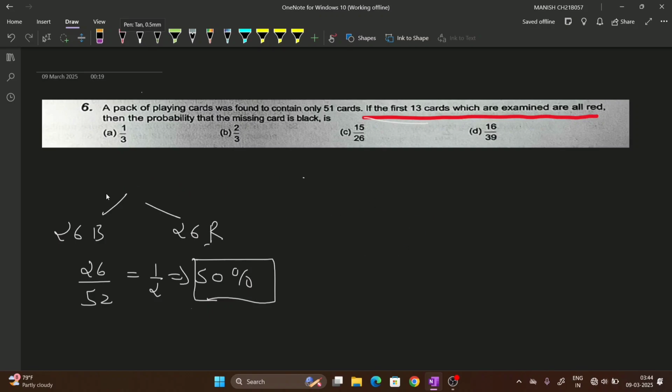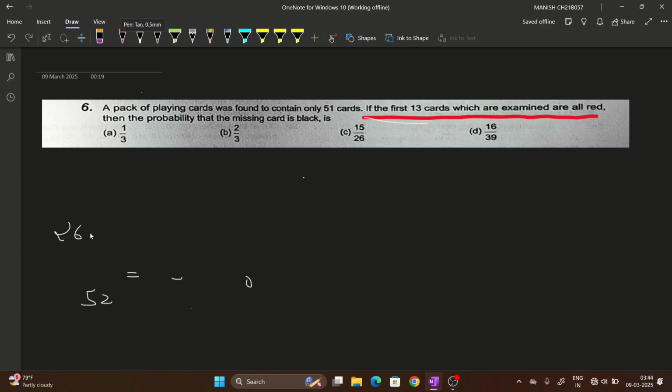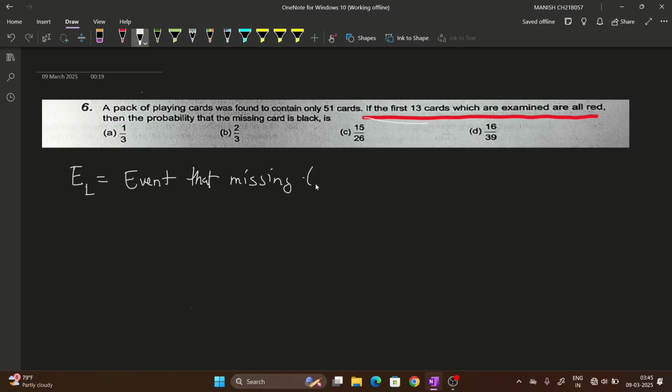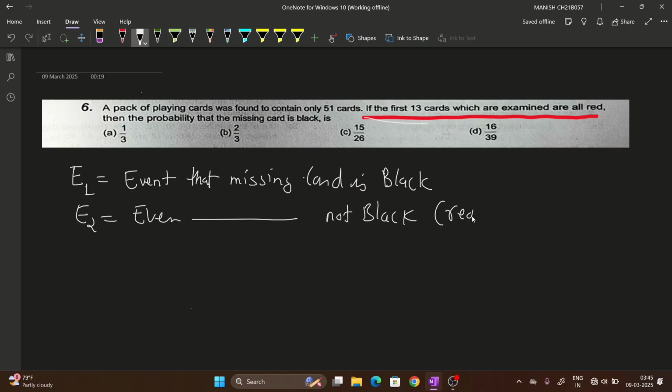Now solving the question, let's say E1 is the event that the missing card is black, and E2 is the event that the missing card is not black. If not black, it means the missing card is red.